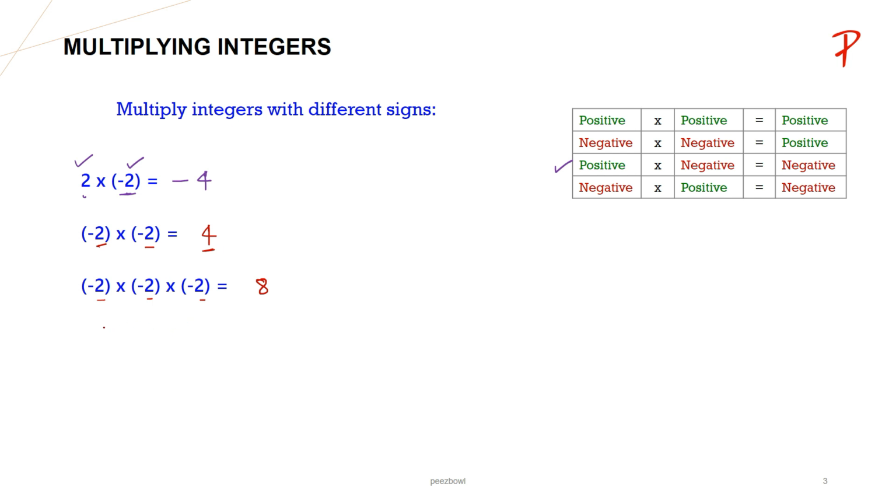If we see the first two integers, then this minus multiplied by this minus, negative multiplied by negative, is positive. So this is a positive, right? And when this positive is multiplied by this minus sign, a positive multiplied by a negative is a negative integer, right? So the result of this multiplication is going to be minus 8, right?